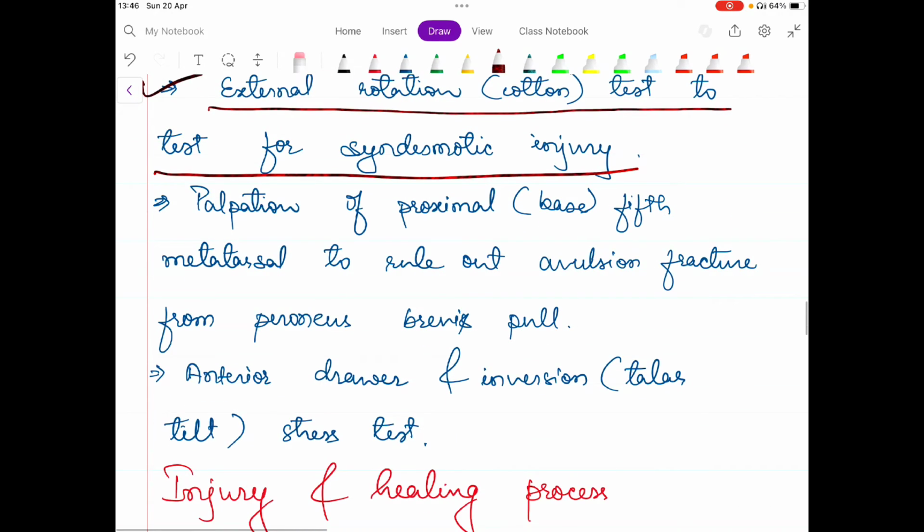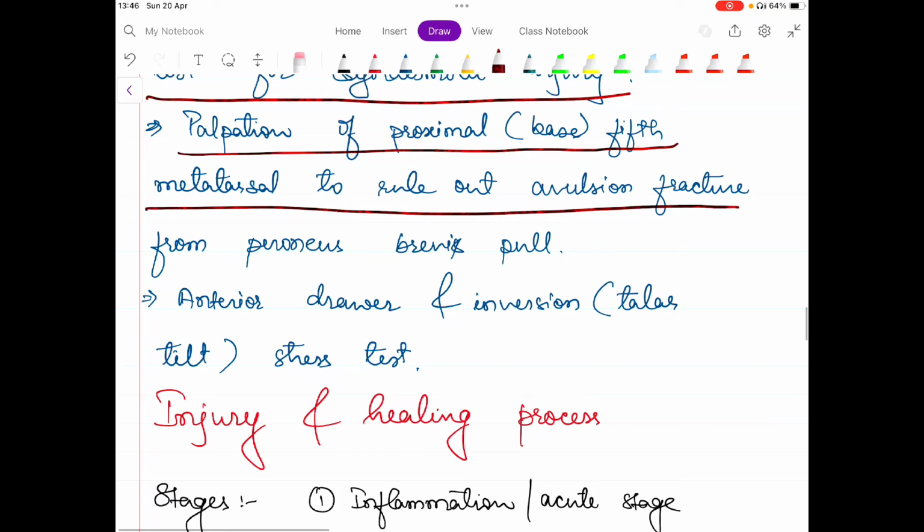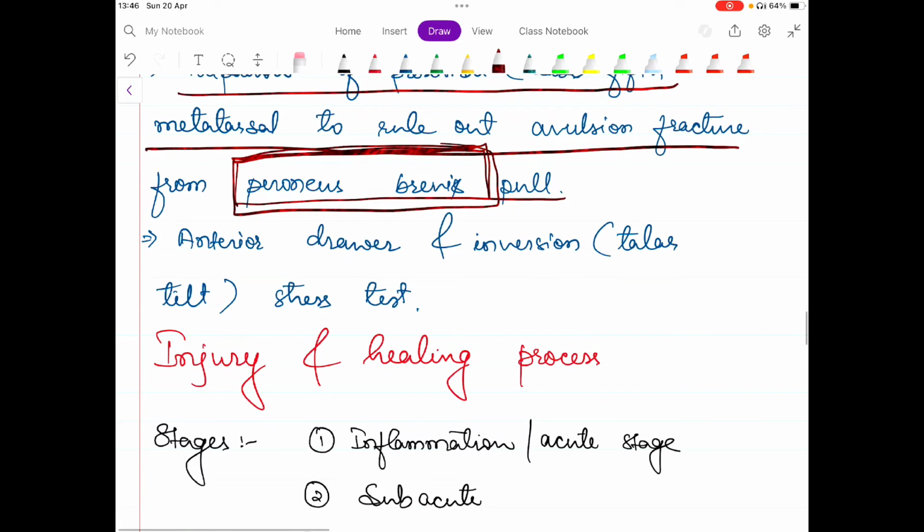The fourth one is palpation of the base of the fifth metatarsal to rule out avulsion fracture from the peroneus brevis pull. Peroneus brevis is actually a muscle. And then the last one is the anterior drawer and inversion stress test, which we also perform. So this is about the examination part.